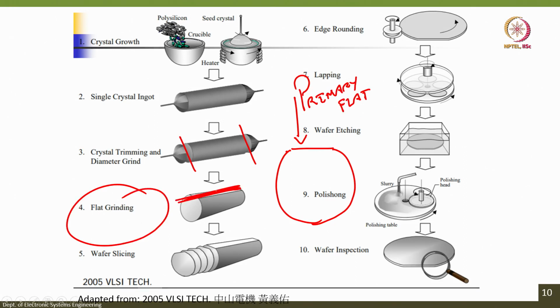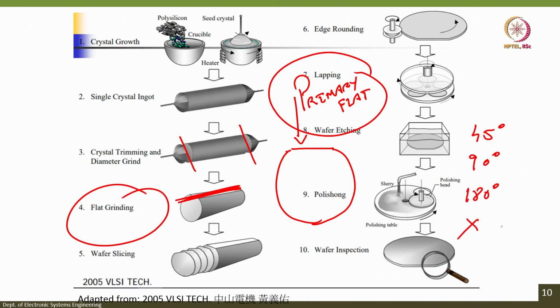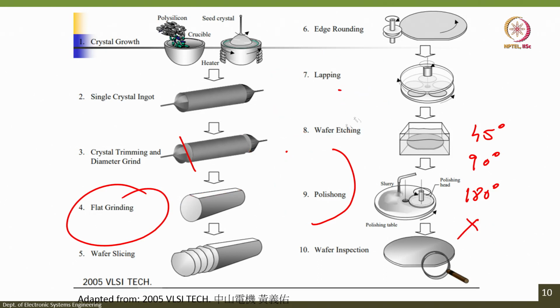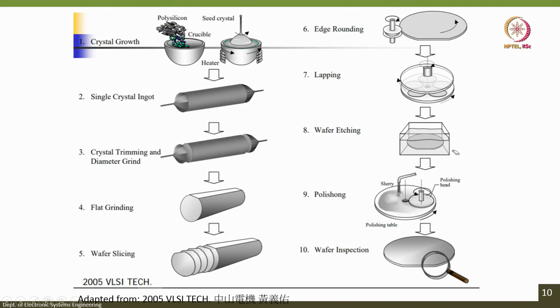There is a reason for having the primary flat, and then there are secondary flats, either at 45 degrees, 90 degrees, or 180 degrees, or there is no secondary flat. Depending on how the secondary flat is placed with respect to the primary flat, we can distinguish whether the wafer is N type or P type, whether it is 100 or 111. So, after crystal trimming and diameter grind, there is flat grinding to create a flat.